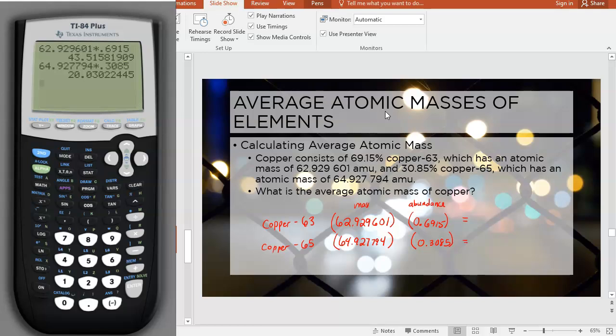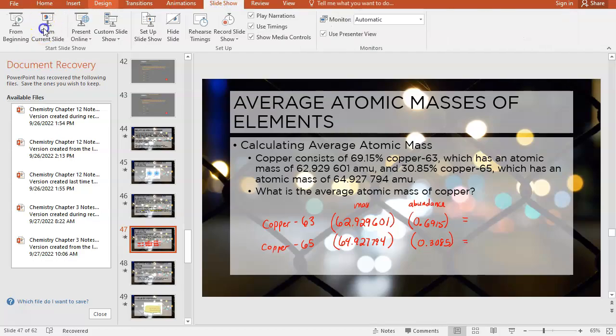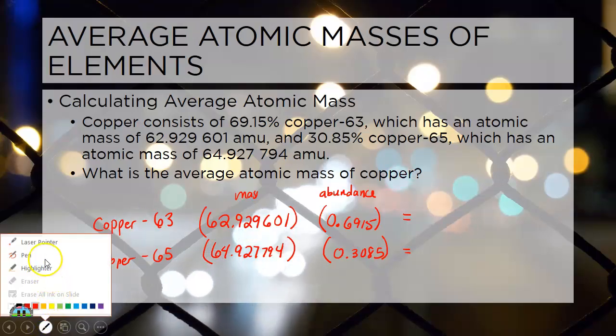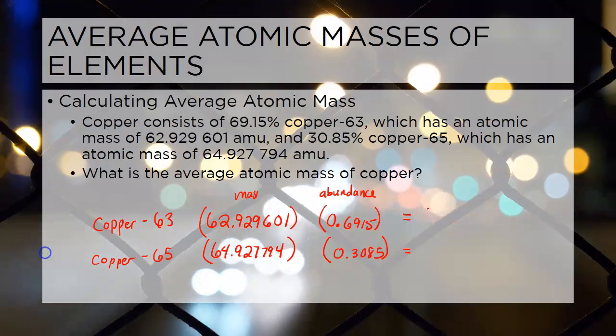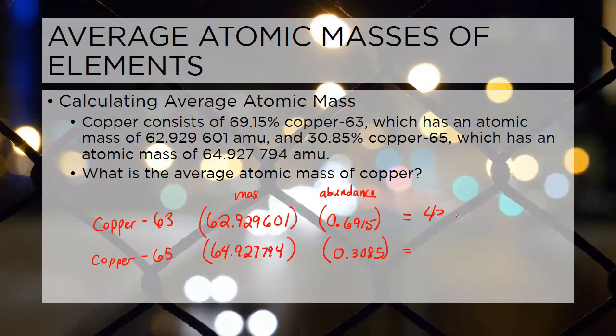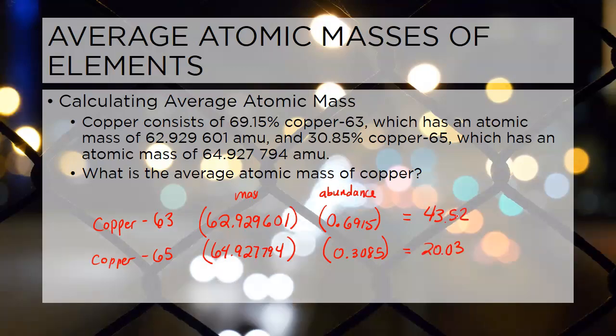So 62.929601 times 0.6915 gives me 43.52. So this is essentially the contribution to the total average. The 65 comes out to 20.03. So 43.52 was these two multiplied together, and 20.03 was these two multiplied together.